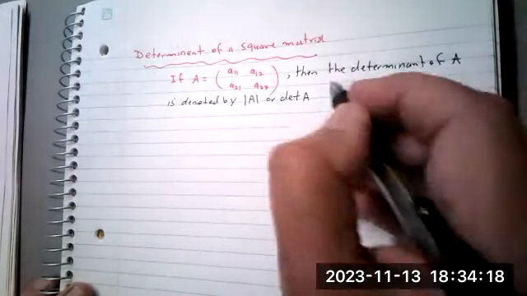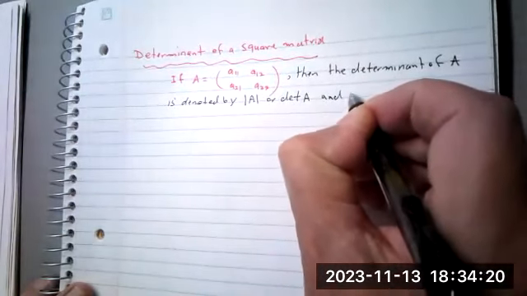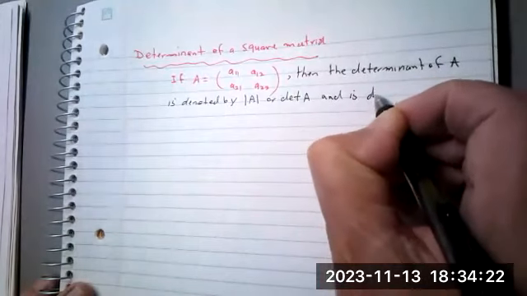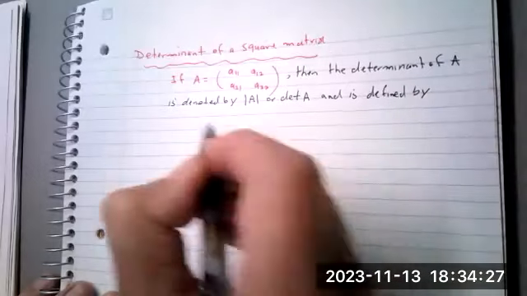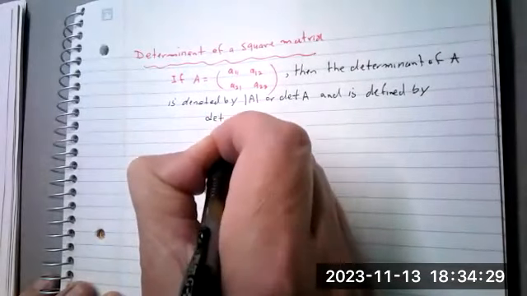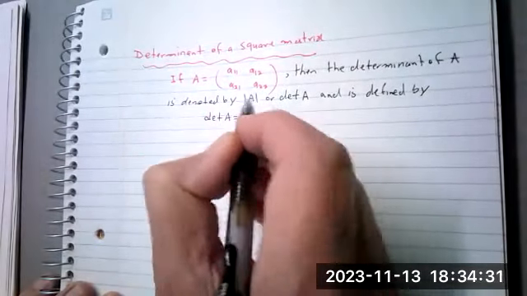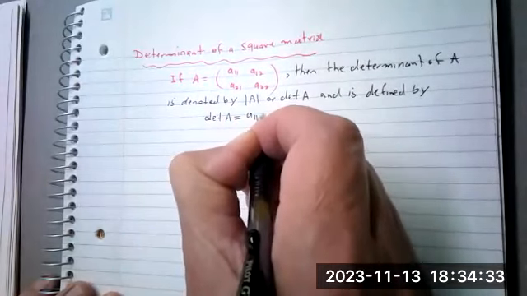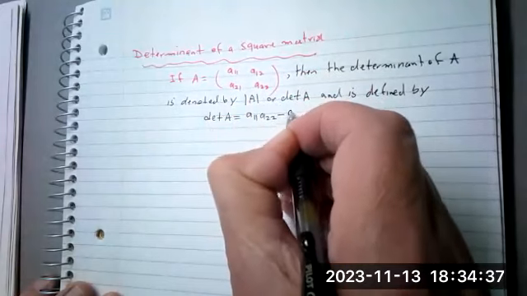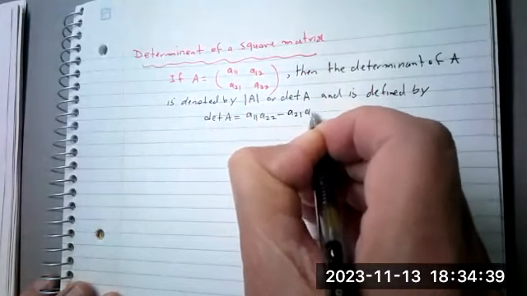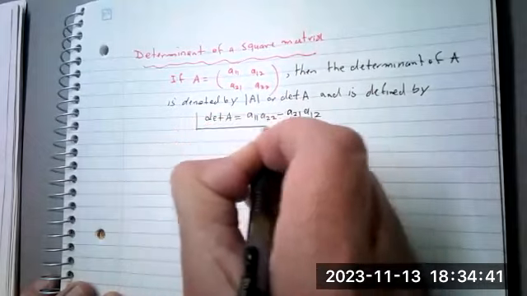It is a function again, and it's going to be defined by a cross multiplication that gives you A11 times A22 minus the other way around, A21 times A12. Make sure the order is as is.